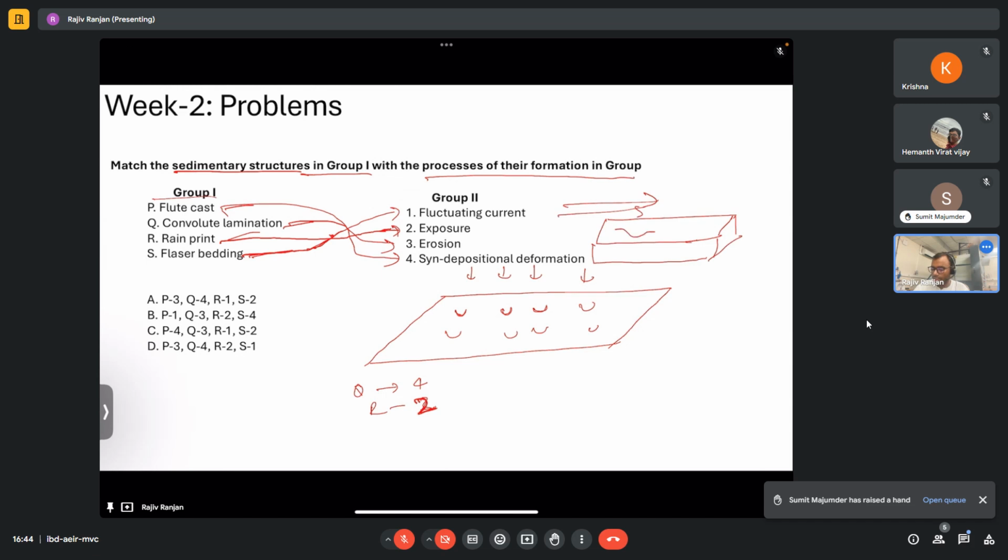It takes out material, so the remaining part is like this, or there will be different types like this, or some just take off. So these are erosional in nature. So flute cast is erosion. So P3, Q is 4, R is 2. So this one is the correct option. So option D is correct.